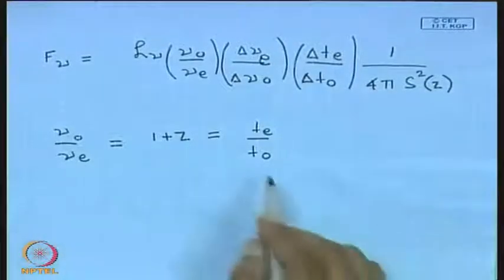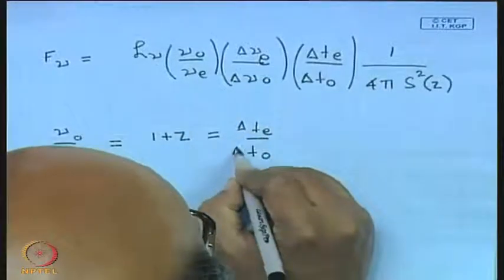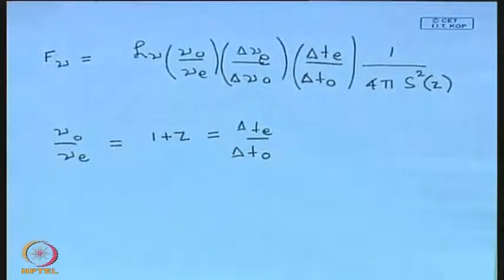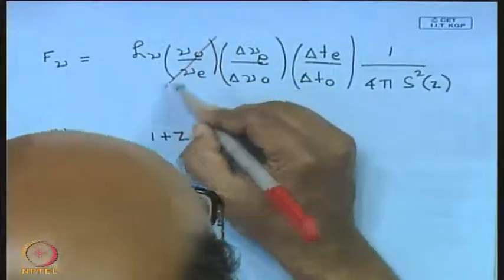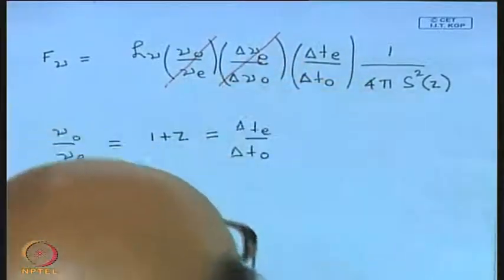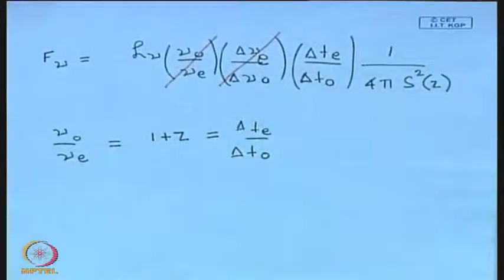Okay, we have worked this out, how time intervals change, because it is light that is propagating. So, we have worked this out right in the beginning. So, you see that this ratio will cancel out with this ratio, and this ratio will give me a factor of 1 plus z.